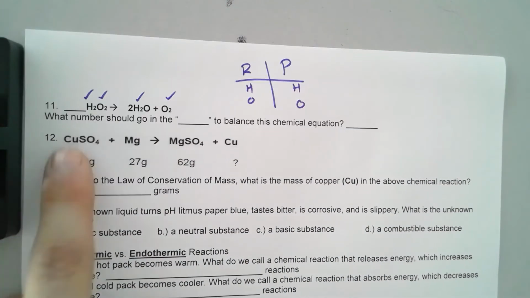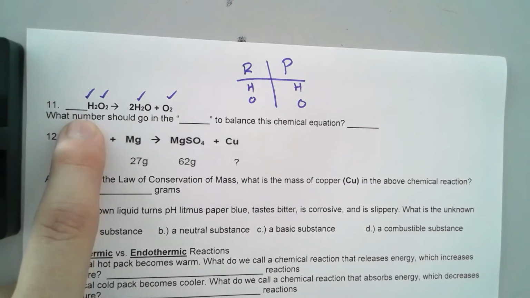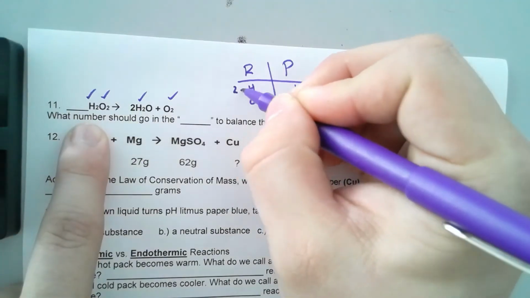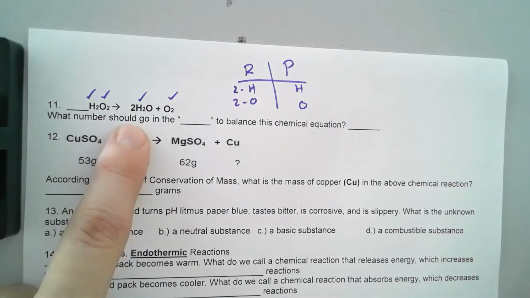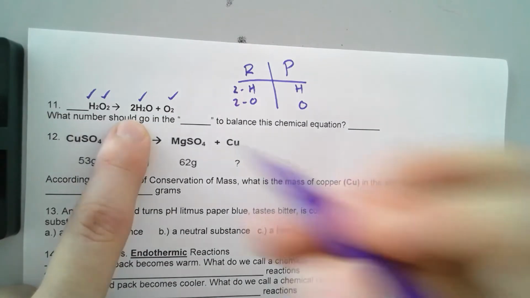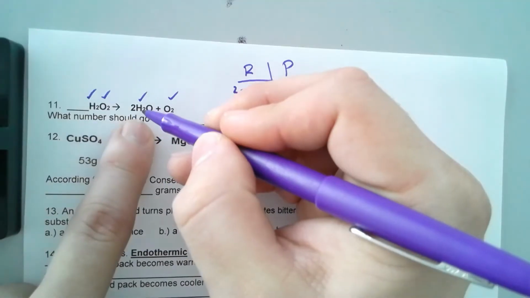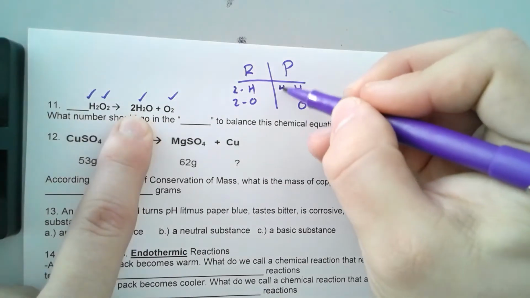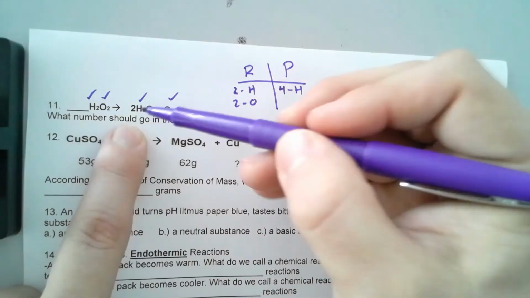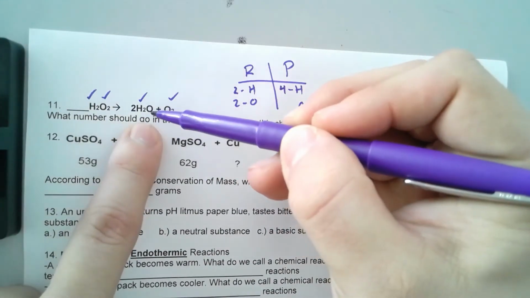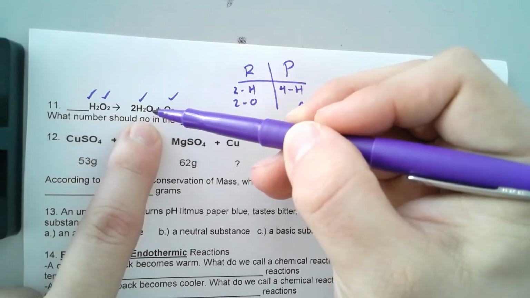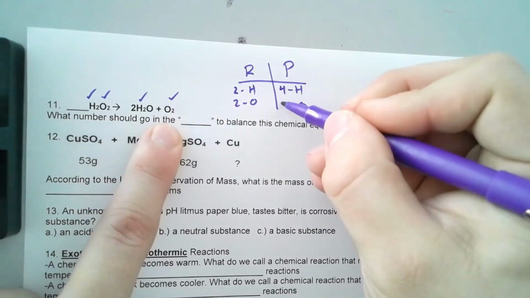On my reactant side, I have 2 of each. On this side, I have 2 times 2 is 4 hydrogens, right? 2 times 1 is 2 oxygens, but I have to add these 2. So I have to put 4 here.